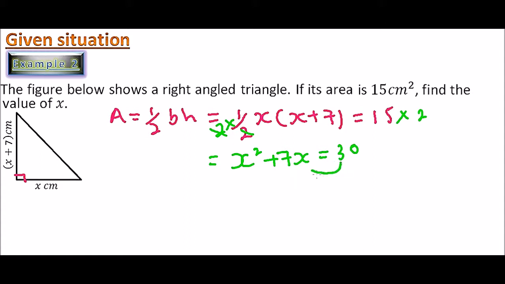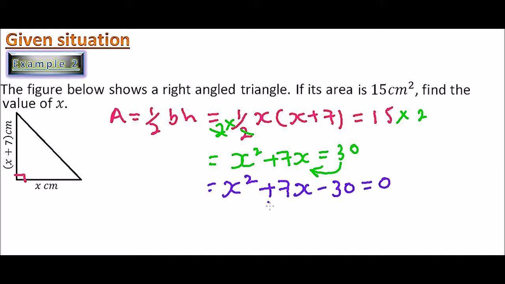So we bring 30 to the other side. Then we have x squared plus 7x minus 30 equals 0. So we have formed a quadratic equation. Then we can go ahead and solve it.